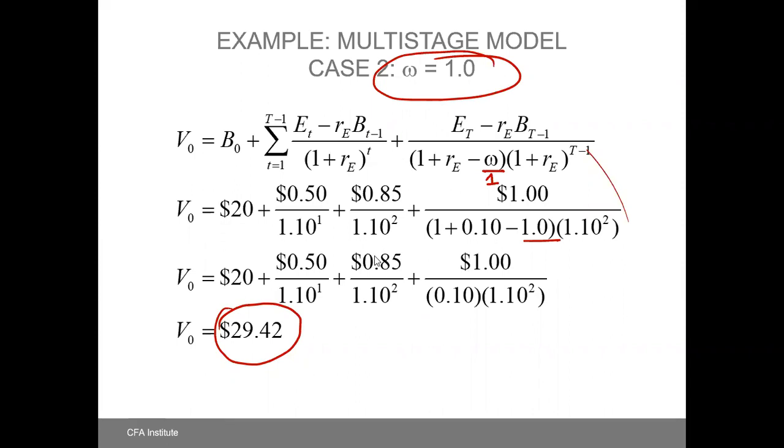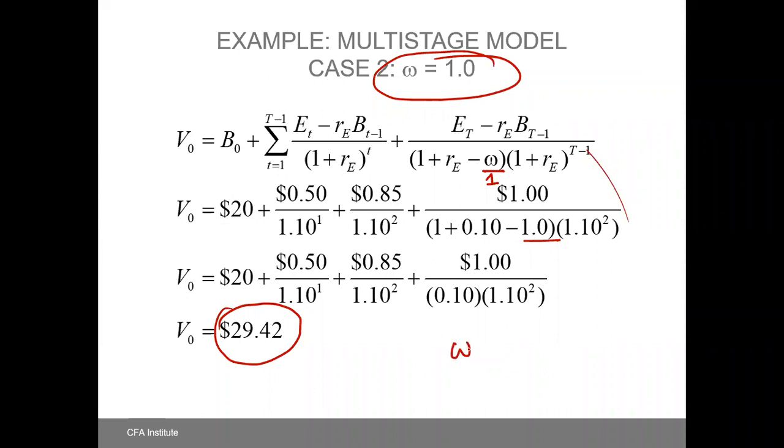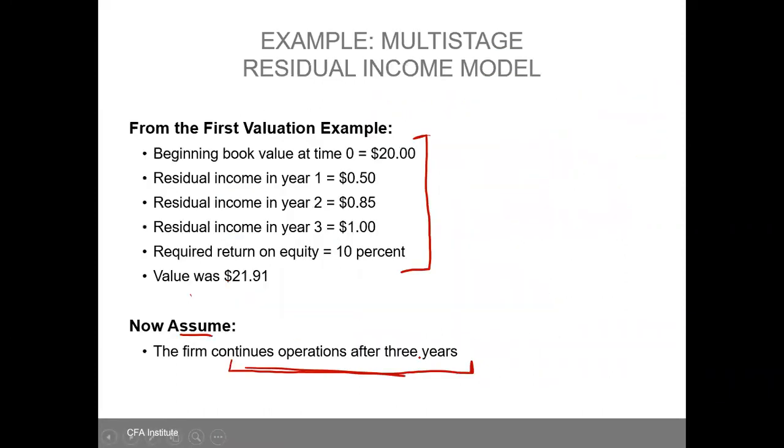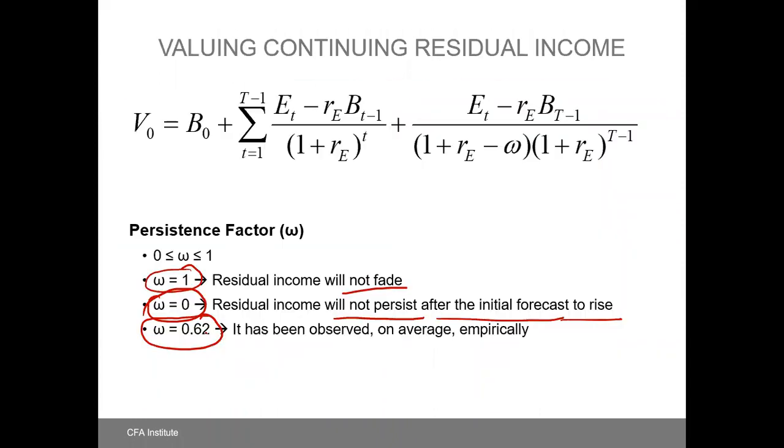Now, if I ask you a question: if omega is greater than 0 but less than 1, which is more realistic? Let me remind you, which is the most realistic? Yeah, this one. You see, omega 0.62 is empirically found.